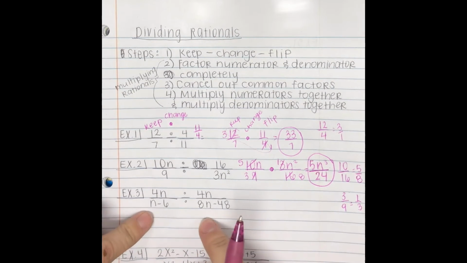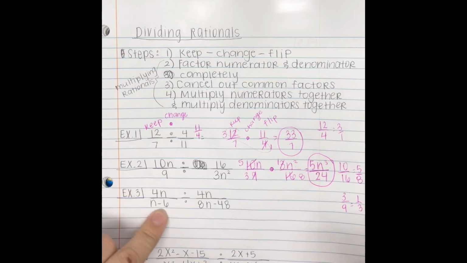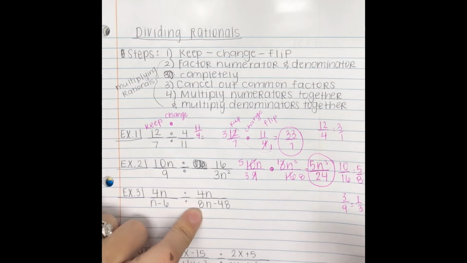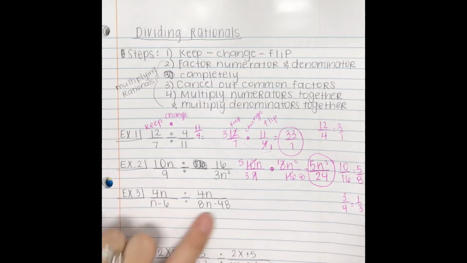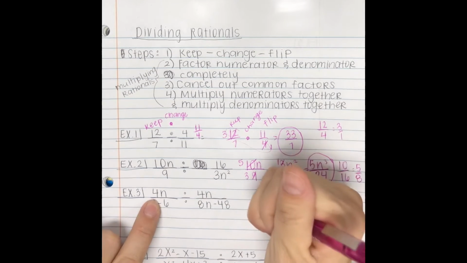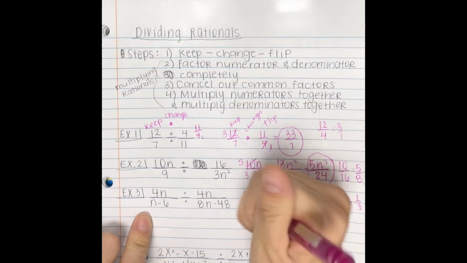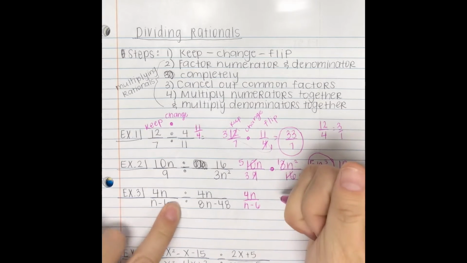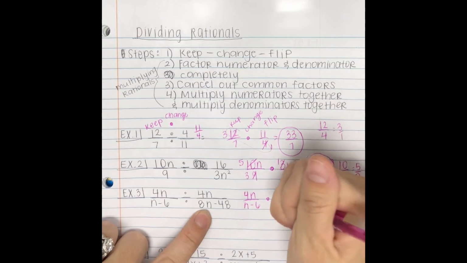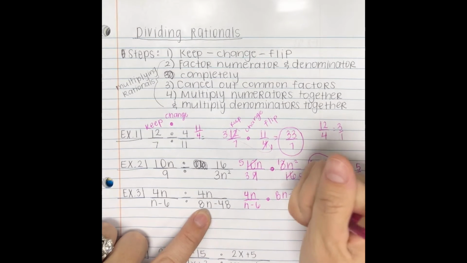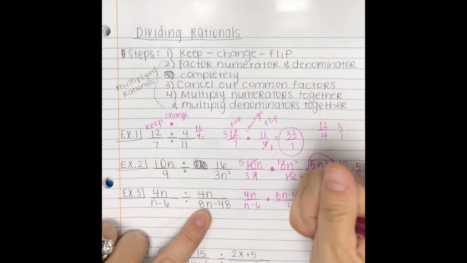And number 3, we have 4n over n minus 6 divided by 4n over 8n minus 48. Keep. Change to multiplication, and then flip your second fraction.